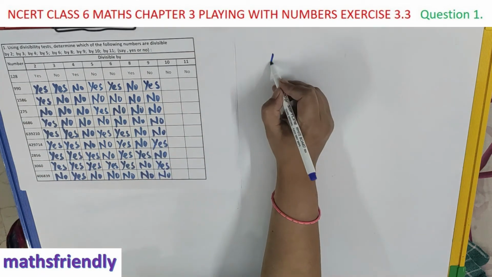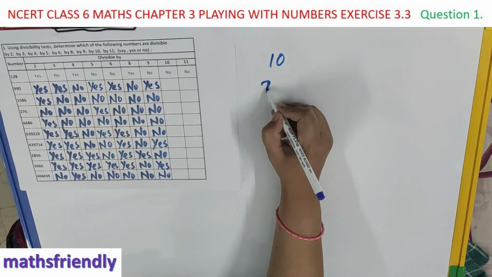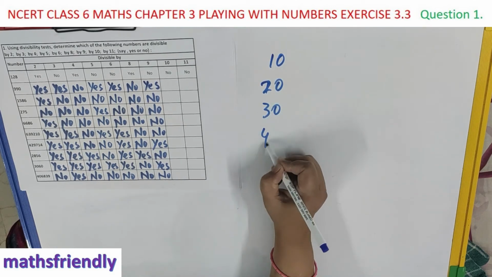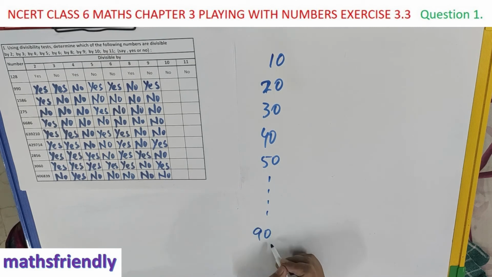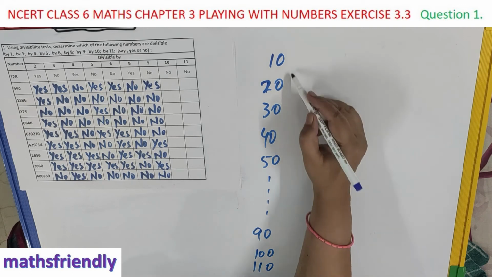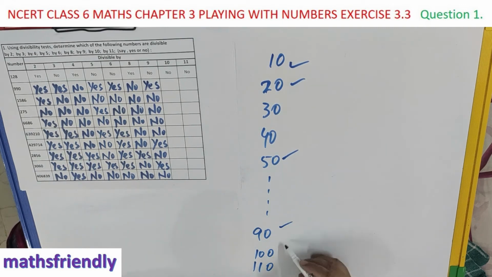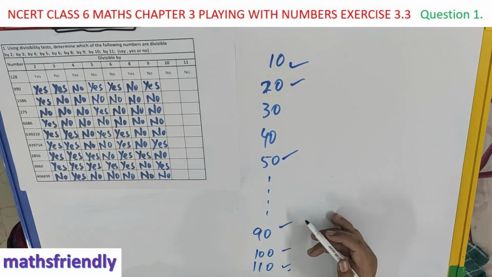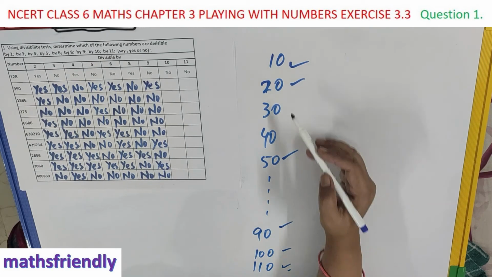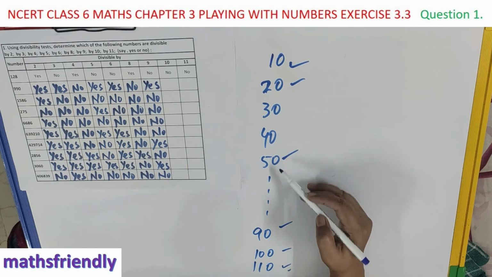Okay, see, 10, 20, 30, 40, 50 and so on like that, 90, 100, 110. These numbers are all divisible by 10. So what is the similarity between these numbers? These numbers have 0 in their units place.